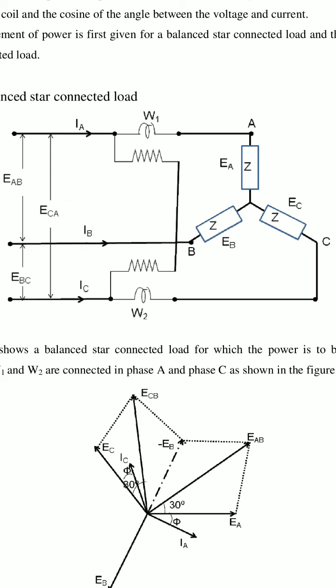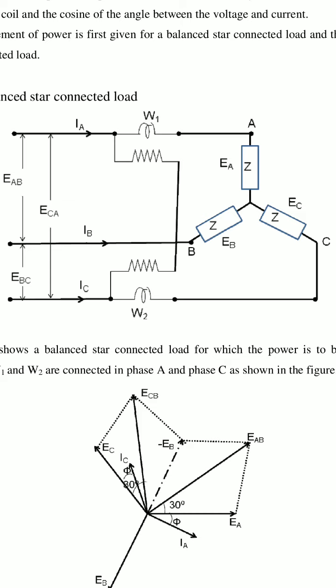So the voltage between terminals A and B is EAB, between C and A is ECA, and between B and C is EBC, and the current in A phase is IA, the current in B phase is IB, and the current in C phase is IC.